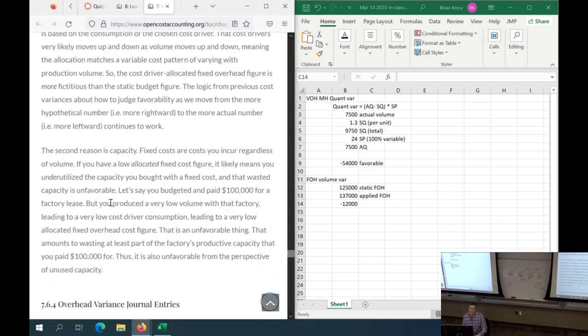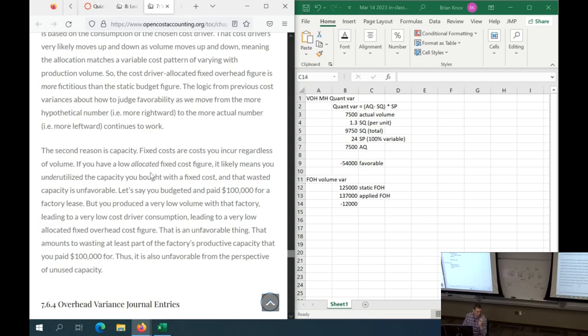The second reason is capacity. So there's a real practical reason why it would be favorable. Fixed costs are costs you incur regardless of volume. If you have a low allocated fixed cost figure, it means you underutilize the capacity you bought with a fixed cost. If I am paying $100,000 for a factory lease and I do not do much with that, I produce 0 units in that factory, I am wasting capacity.